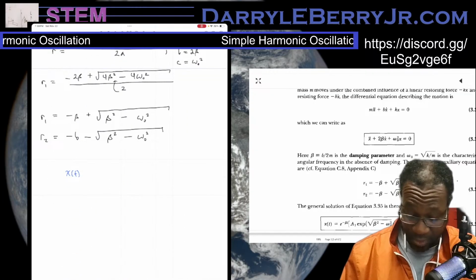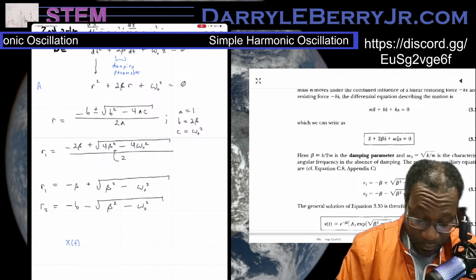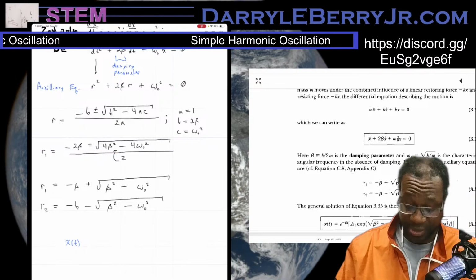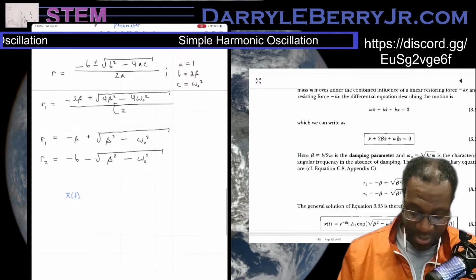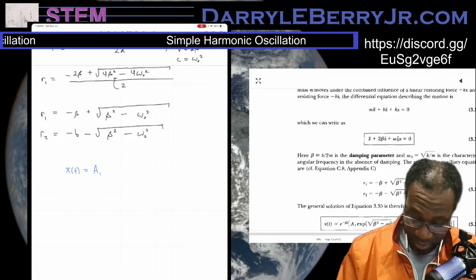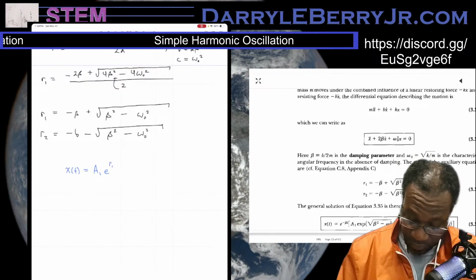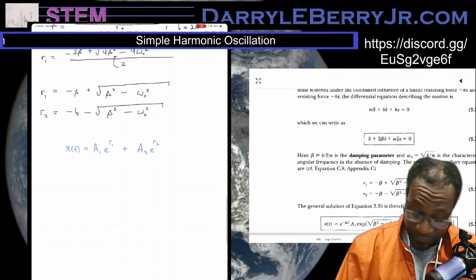For this equation, when we solve with the auxiliary equation, we use the exponential. Like I said before, you could use either the exponential form or the trigonometric form. So the form becomes x equals a1 e to the r1 t plus a2 e to the r2 t. Simple enough.